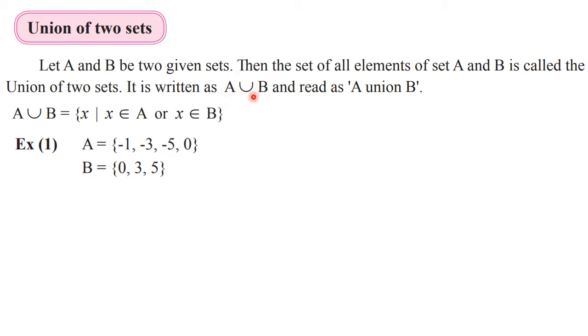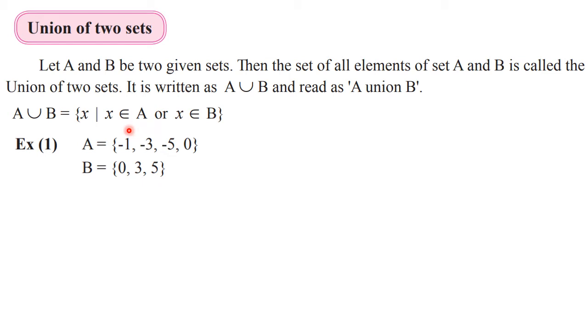The symbol is U like, but it's not exactly U. You can see that it is a little bit spread out. So it is A union B. Then we can represent this in set builder form like this: A union B is the set of all x such that x belongs to A or x belongs to B. See, for intersection we have the word 'and' here.